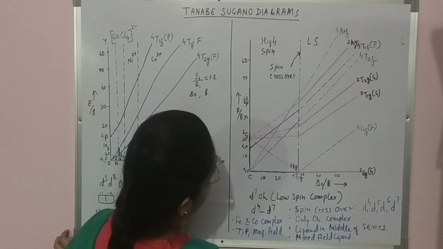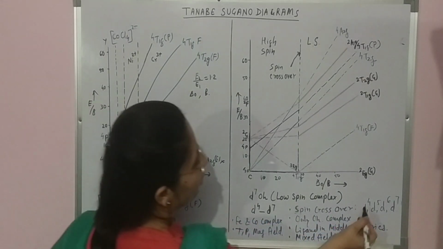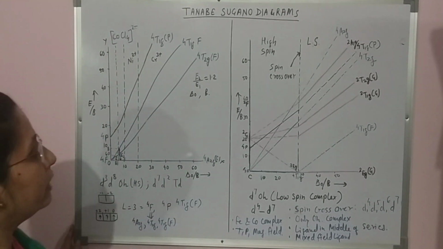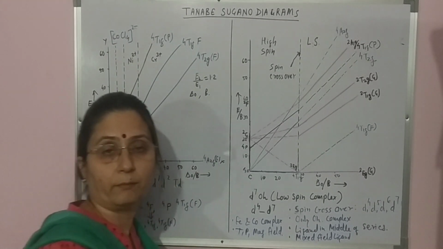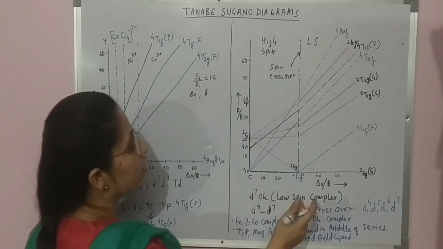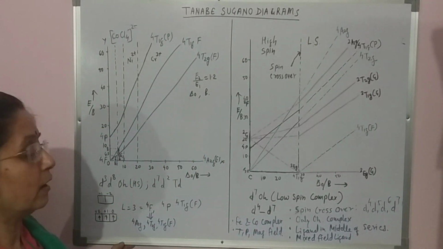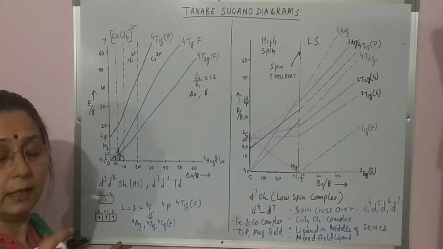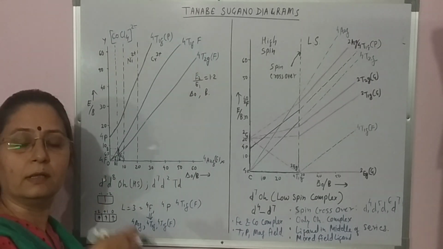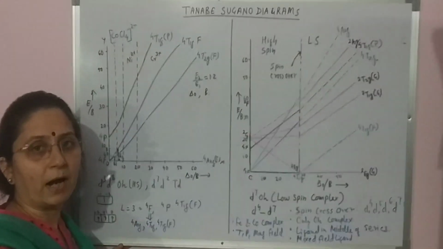This spin crossover diagram we will find only in the case of D4, D5, D6 and D7 configurations, because for D1, D2, D3 and D8, D9 there won't be any change in the spin, but in the condition of D4, D5, D6 and D7, in the presence of a strong ligand there may be a change in the spin of the electrons inside the d orbital. That's why we will get here a spin crossover kind of pattern.